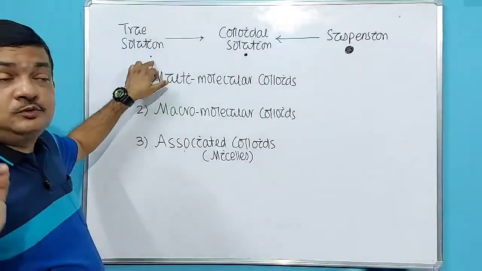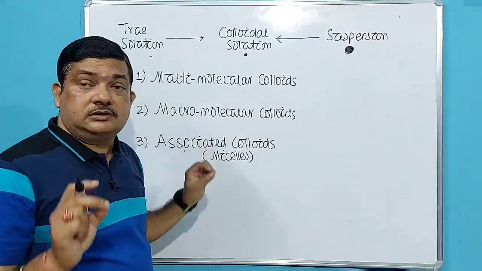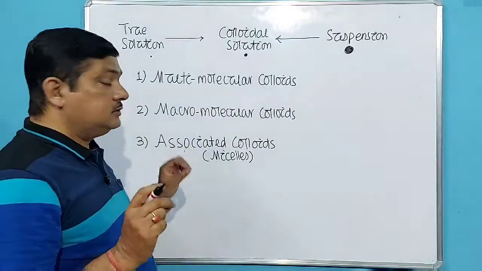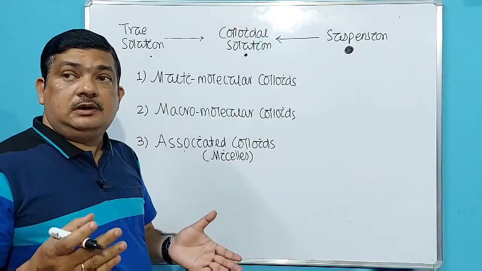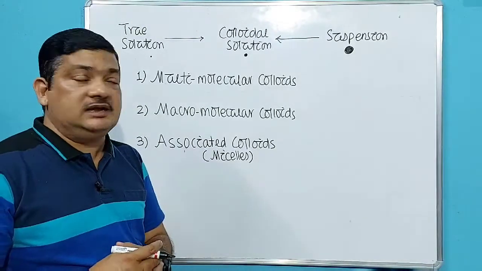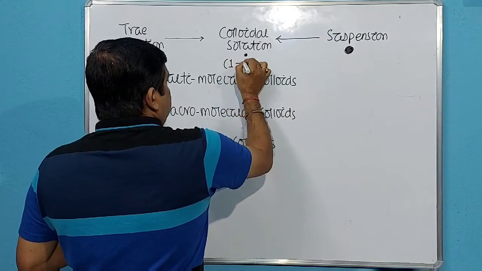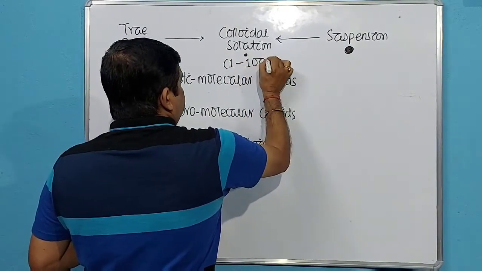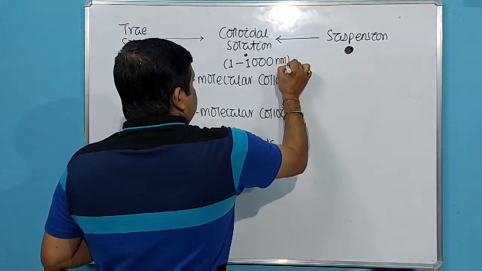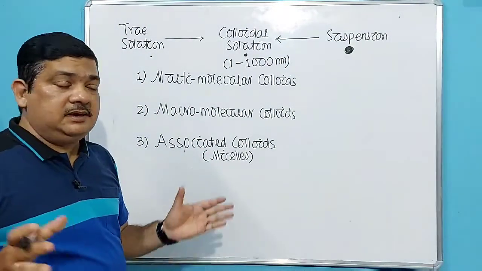So when the particle size is too small, suppose we prepare a gold solution, gold sol, or colloidal solution of gold. So how can we prepare it? Now the gold particles are extremely small in size and they do not fall in the colloidal range of 1 to 1000 nanometer.